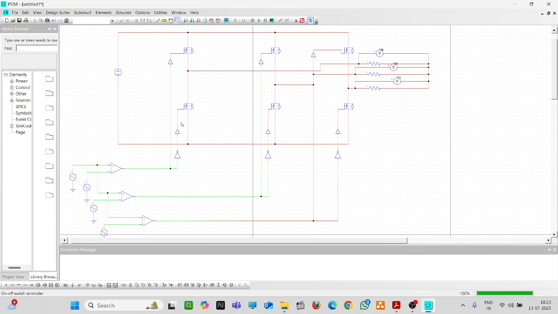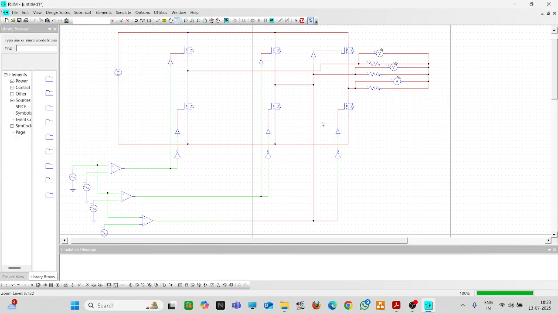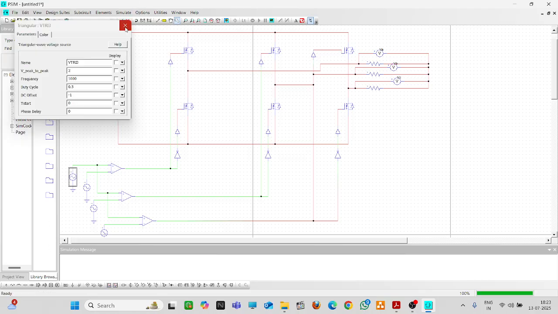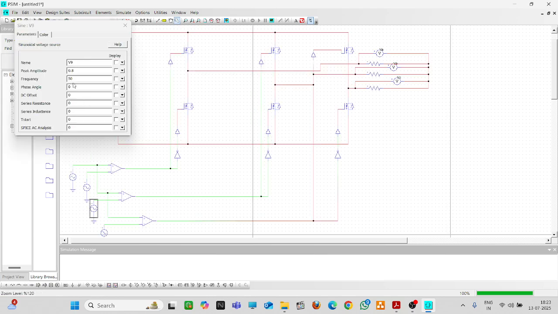Let me check. Now the simulation control is required because without this, nothing is going to be achieved. Let me check again whether I have placed it right or not. 0.8, right. The one thing we have left is the phase angle because there are three phases.